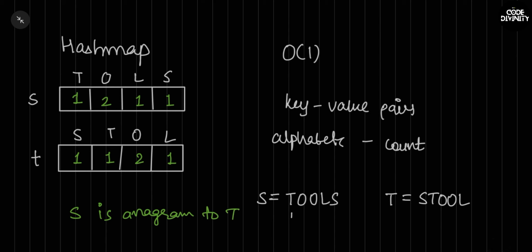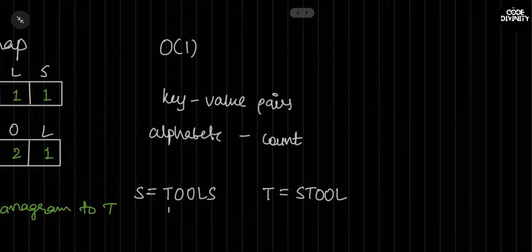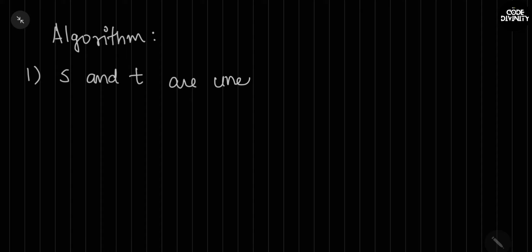Now let's formulate the algorithm for our problem. If size of string S and T are unequal, in that case we will return false right away, because if the strings are of unequal lengths, then they cannot be anagram at all.